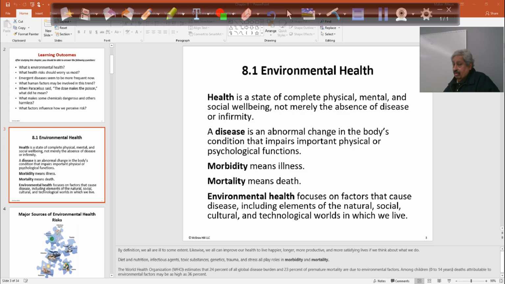Now, a disease is an abnormal change in the body condition that impairs important physical or psychological functions. That's really true about disease. Any disturbance in the health and well-being, mentally and physically, of a human is called a disease.